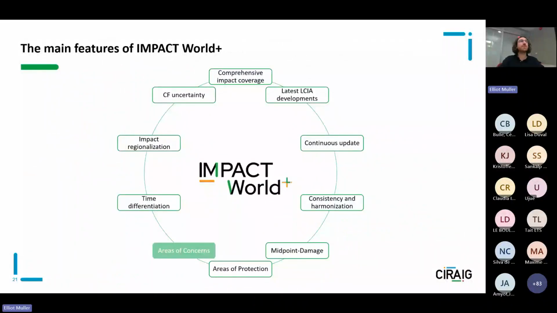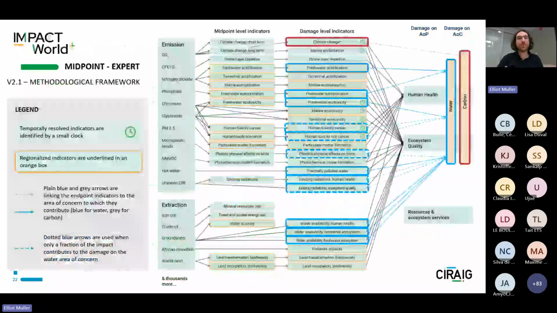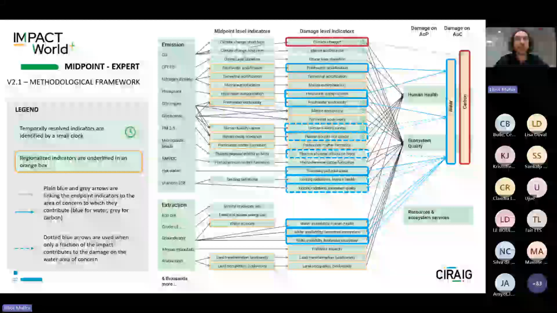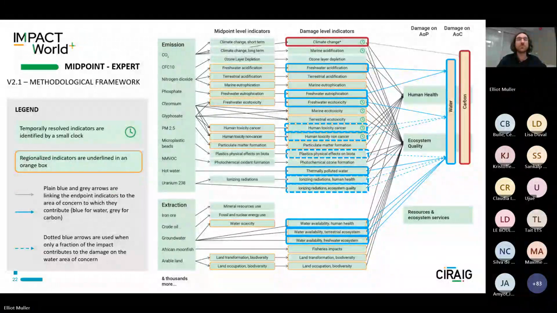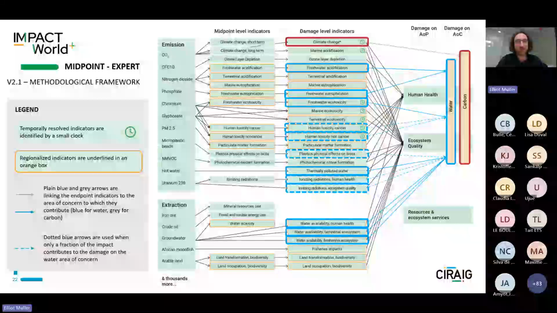Then another important feature of the Impact Calculus framework is the concept of area of concerns. So in the methodological framework, in the theoretical framework, the concept of area of concerns was to develop indicators based on measures of interest for the decision maker, namely the carbon footprint and the water footprint.